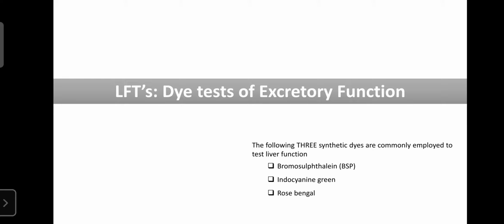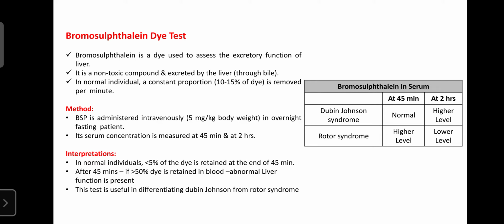They fail to be excreted, so they accumulate in the serum. Assessment of these can give a clue regarding the condition of the liver. Commonly, the dye test used in LFT is bromosulfathalein, also known as BSP, as compared to the others.